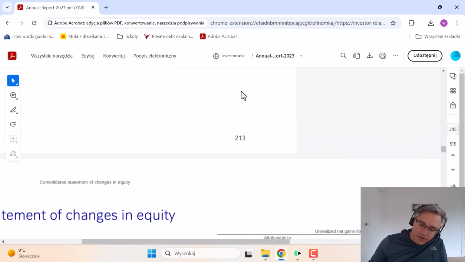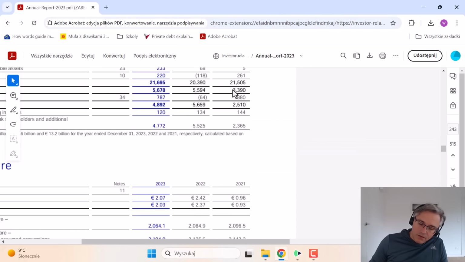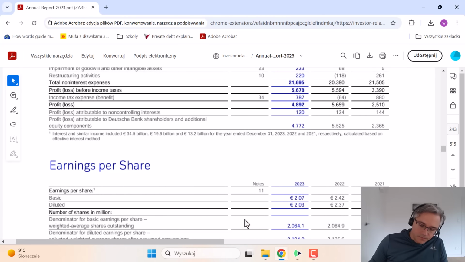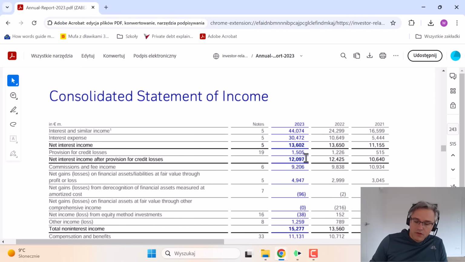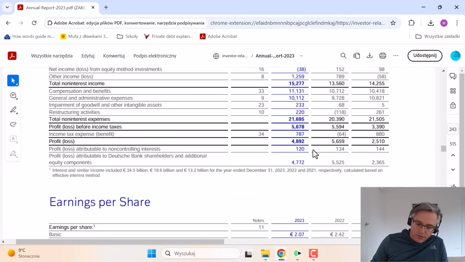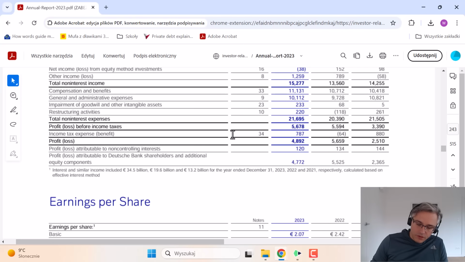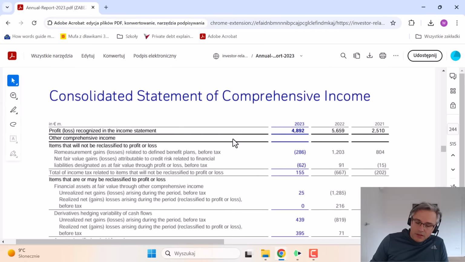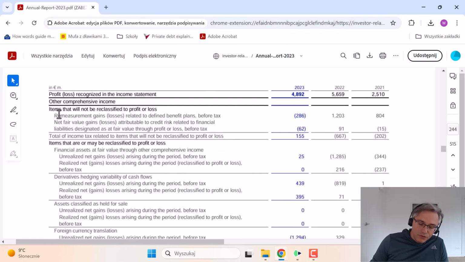And in fact, going up a little bit, when you see the consolidated statement of income, which finishes with some profit or loss, on the next page we have the consolidated statement of comprehensive income, and you do have other comprehensive income being shown, so OCI.